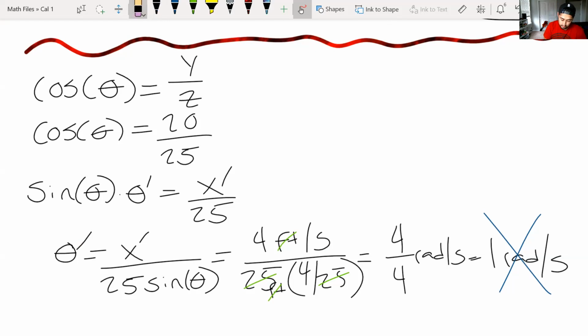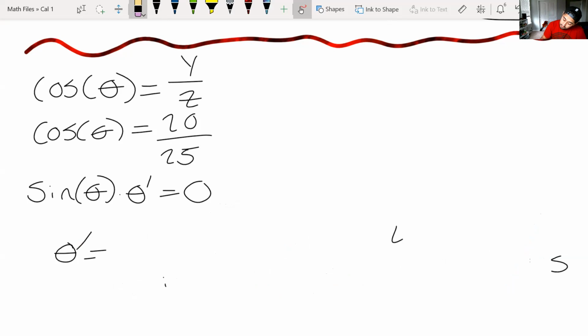And if you take the derivative, that would be equal to 0, which means theta would be equal to 0, which gives us nothing.